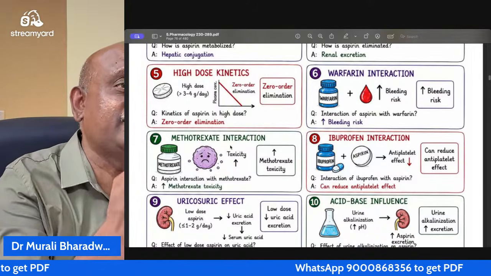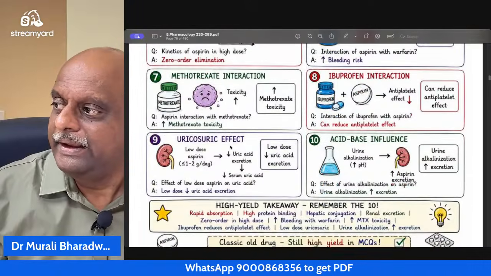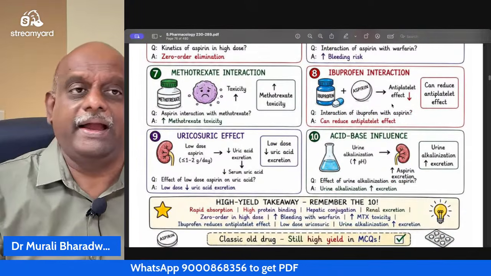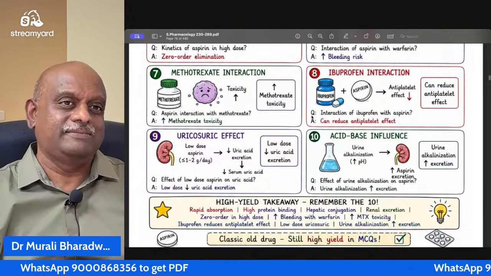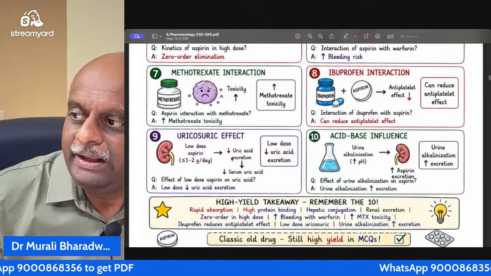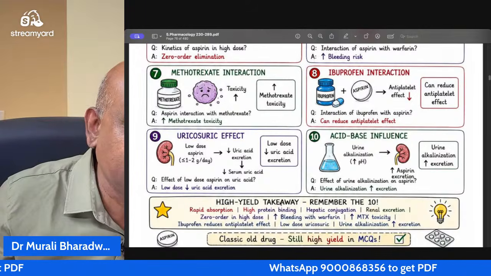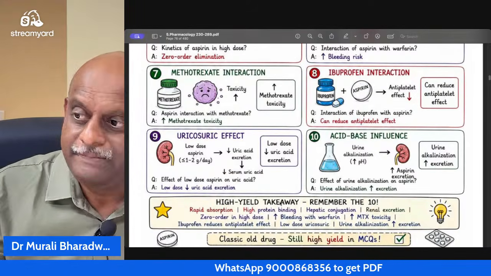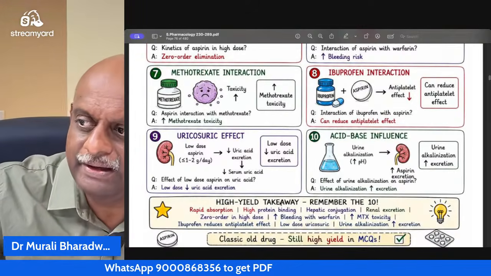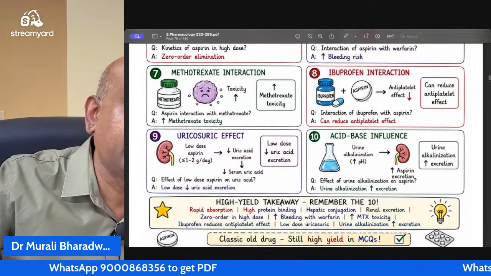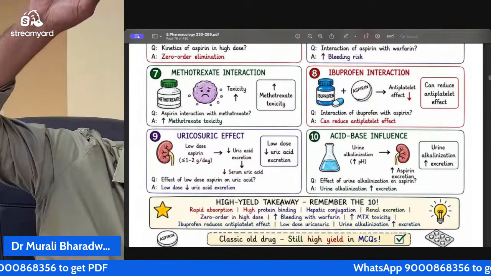Together they lead to methotrexate toxicity. And it can reduce the antiplatelet effect if you combine with ibuprofen. In low dose, it has a uricosuric effect. But in high dose, it will lead to hyperuricemia.